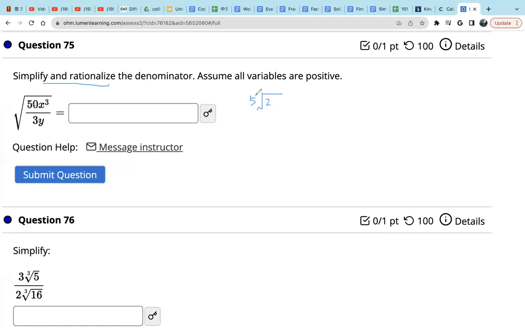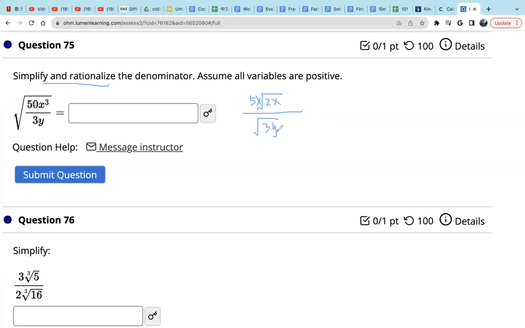Then x cubed can be split into x squared and x. So x comes out. So you see outside we have 5x. Inside we have 2x. If we push 5x inside, we get 5x squared, which is 25x squared. Then multiply by 2x, we still get back 50x cubed. Right? Then divided by square root of 3y.